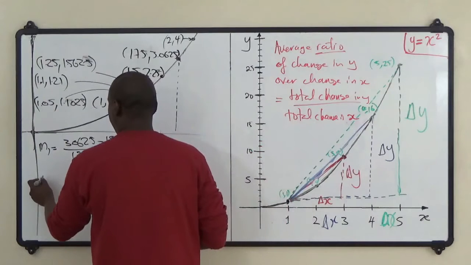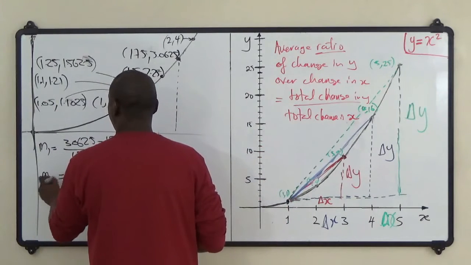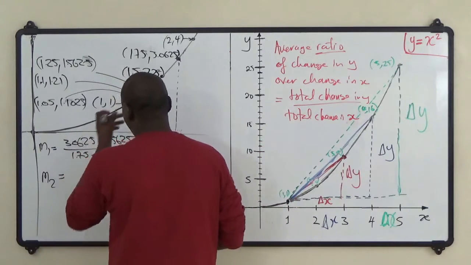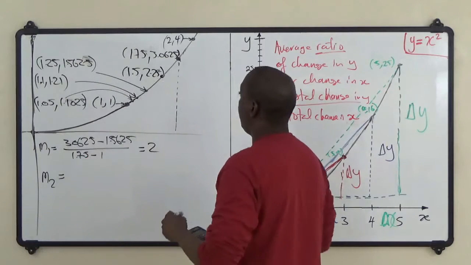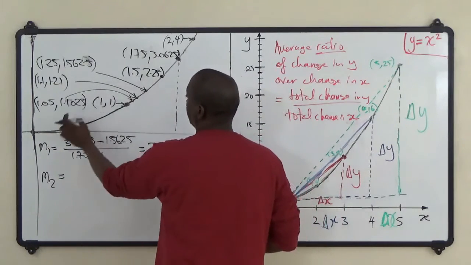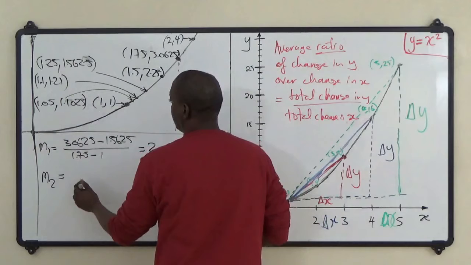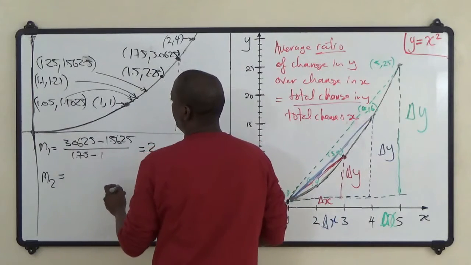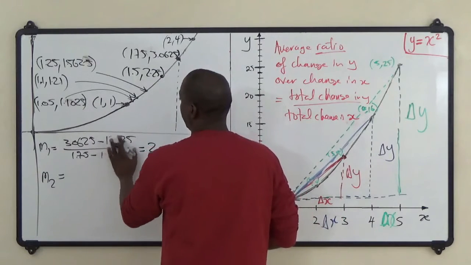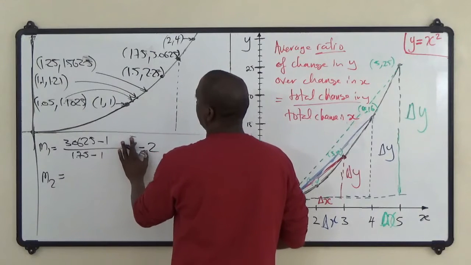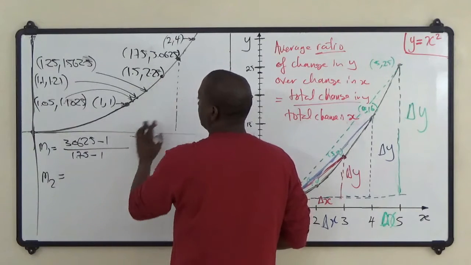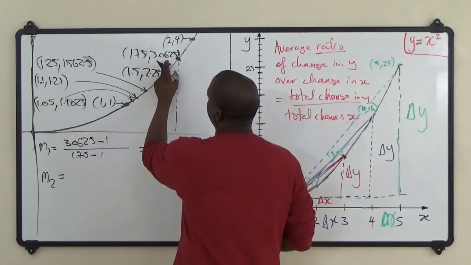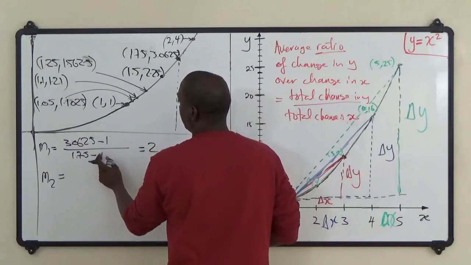Let me go again. M2 is equal to this and this. So that will be, no. What madness I do here? This is supposed to be 3.0625 divided by 1.